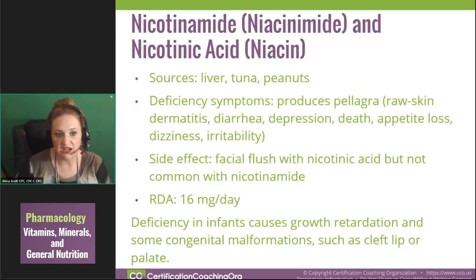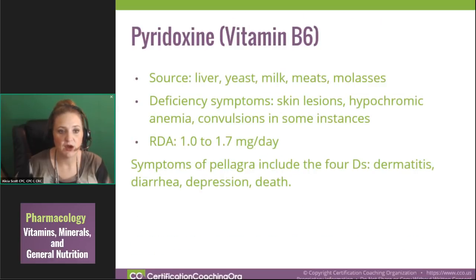Infants, though, if they don't have enough, can have retardation, congenital malformation, so their limbs don't form, especially things like cleft lip or cleft palate could be because of not enough niacin.